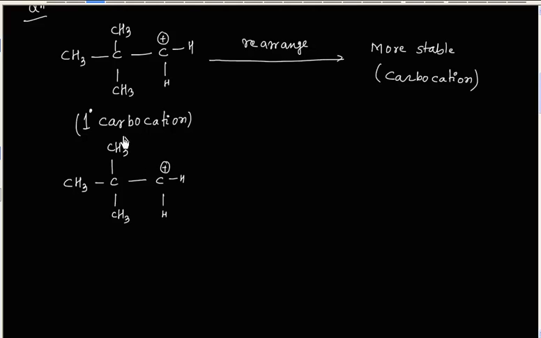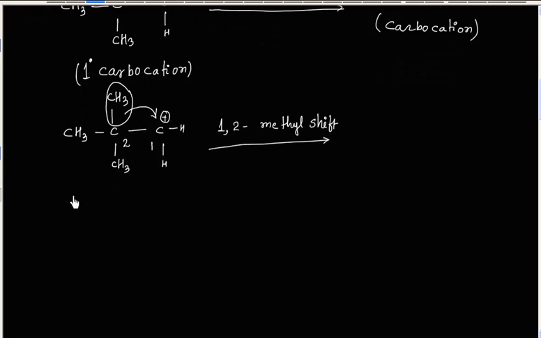So in this case, we can shift a methyl group with its bond pair of electrons, and this shift is called a 1,2 methyl shift. You can have any alkyl group here at this position, then we will call it a 1,2 alkyl shift. So methyl is a special case. So in this case, the alkyl group is methyl.